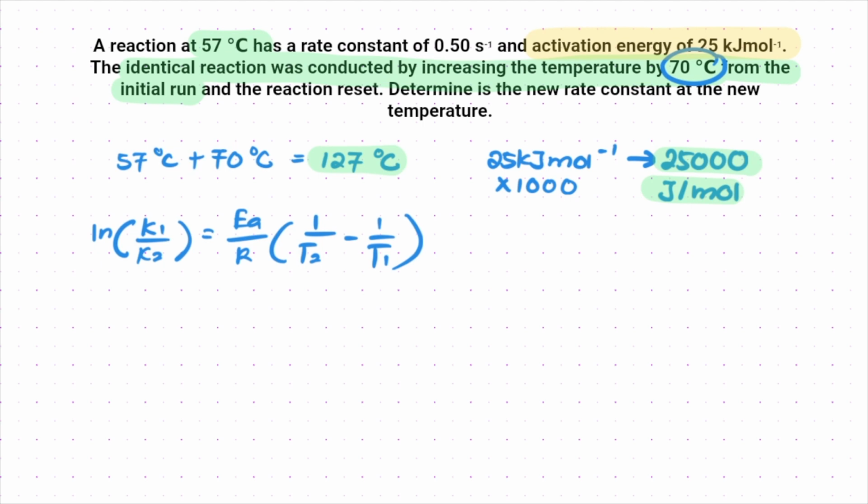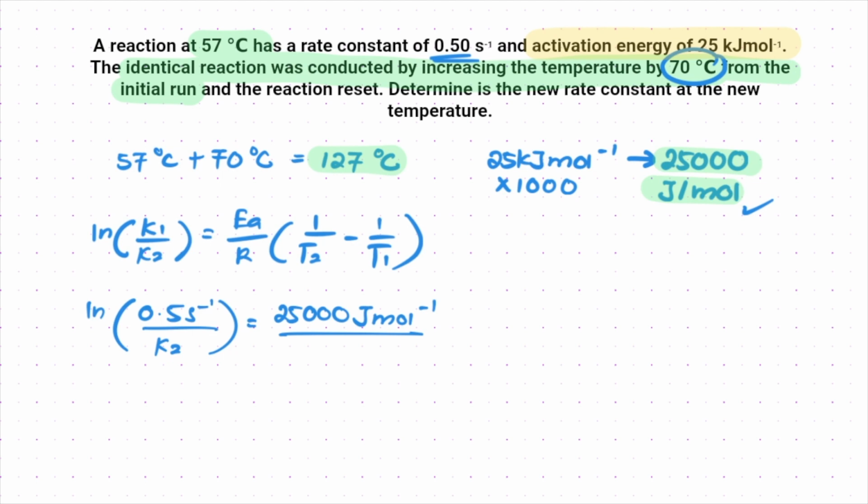Okay, now we just have to plug in the values. So ln K1, the rate constant, is 0.5 per second, over K2, the one that we want to calculate. And the activation energy, we already converted it to 25,000 joule per mole.